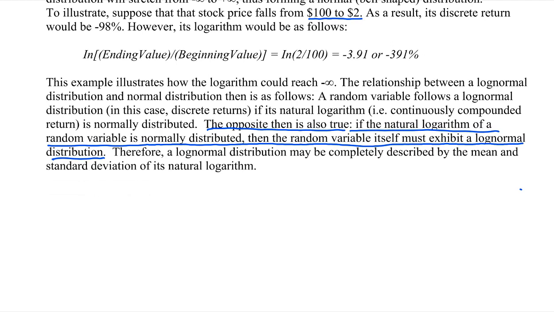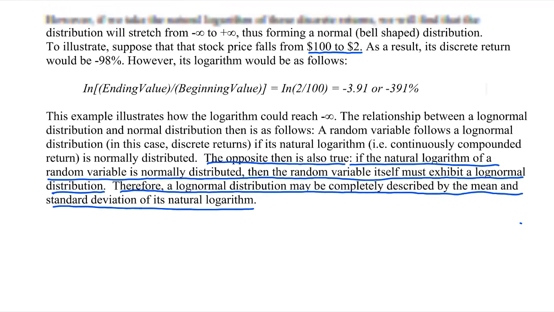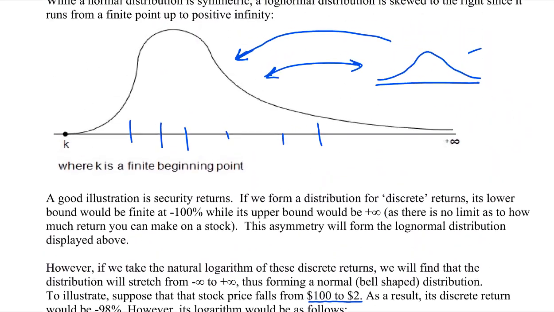So just to end our observation, a log normal distribution may be completely described by the mean and standard deviation of its natural logarithm. Basically what that last statement indicates is the following.